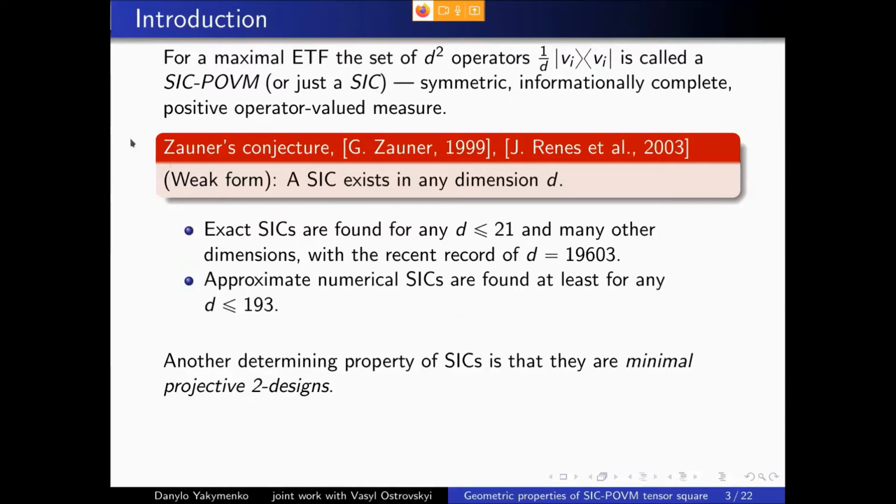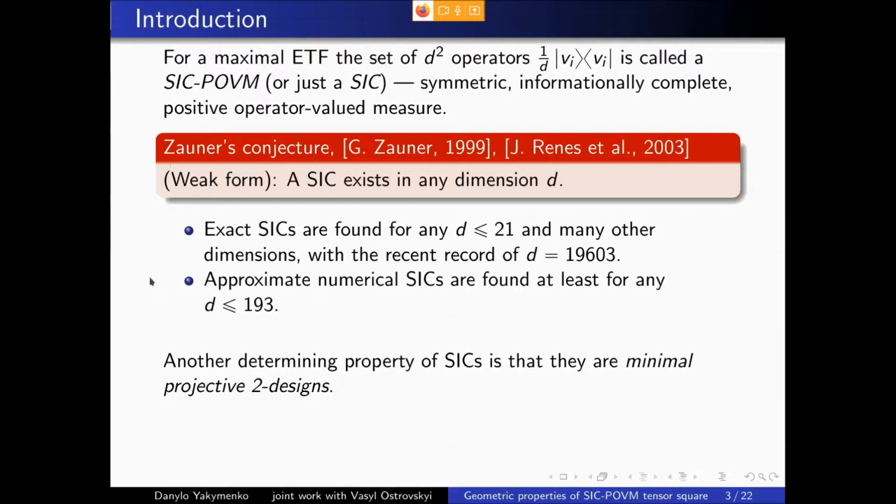And there is a well-known Zauner's conjecture. The weak form of it is that SICs exist in any dimension. All right, there is already very large evidence that supports this conjecture.